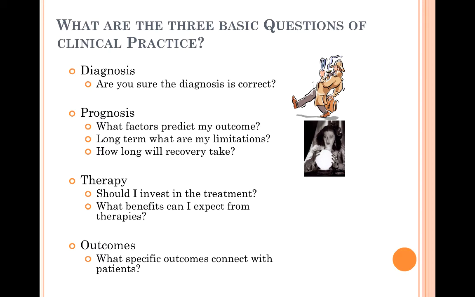And so measuring beliefs at baseline may be a valid assessment, because you know that you're going to have to challenge them in order to prevent that bad outcome. Okay, and if you can't change it, their prognosis may be set. Okay, and so this is the relative importance of factors versus just generally how long my recovery will take or what kind of limitations I might end up with.